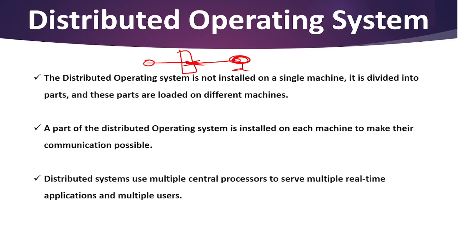This is called distributed operating system, and in this type of system we can use a central device like gateways. Gateways are an important term related to computer networks. Gateways are the central devices that allow a user to share or access data within devices that follow different protocols, right?